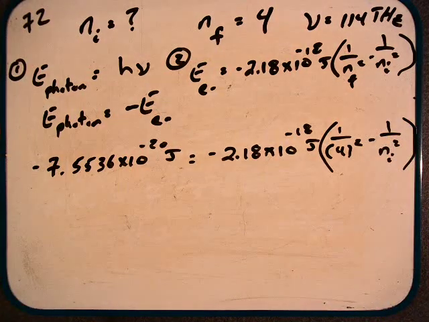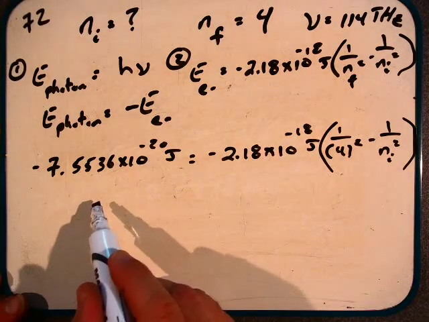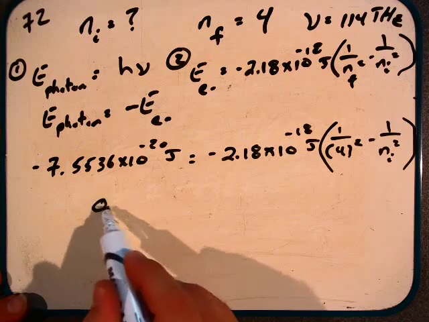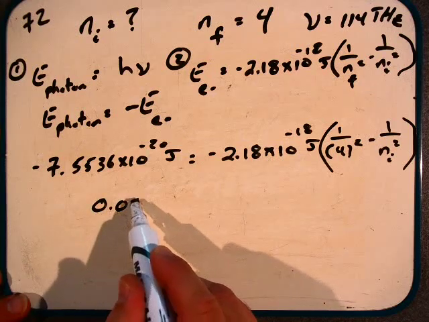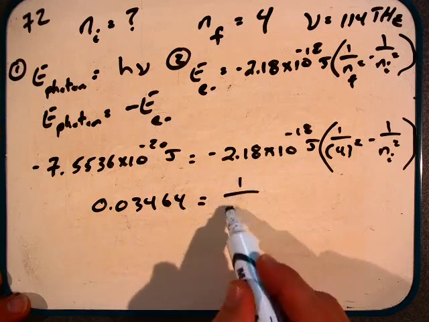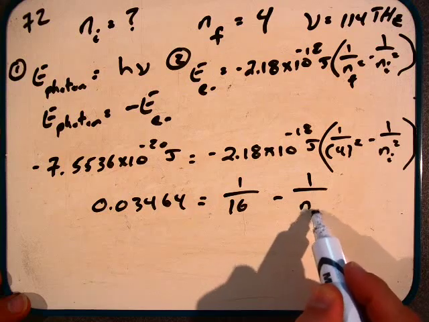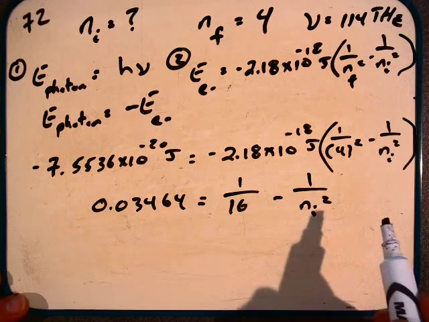And that's what we're trying to solve for, that initial quantum level. We bring over the 2.18 and do the division. We get 0.03464 equals 1 over 16 minus 1 over n initial squared.